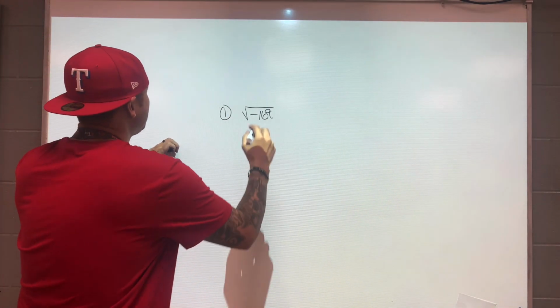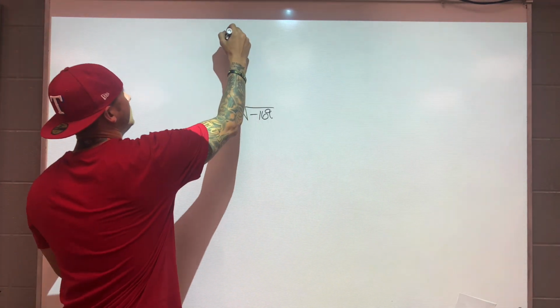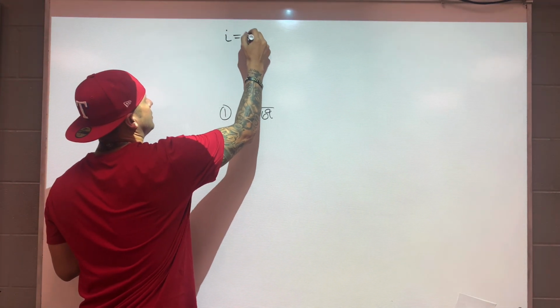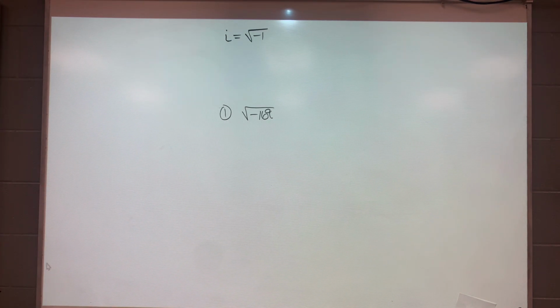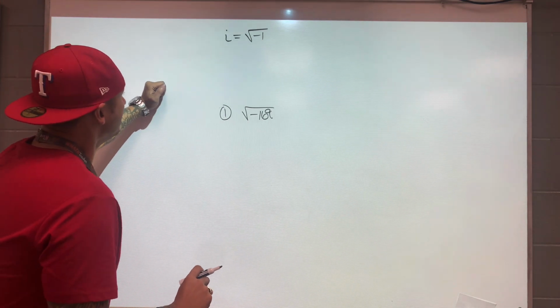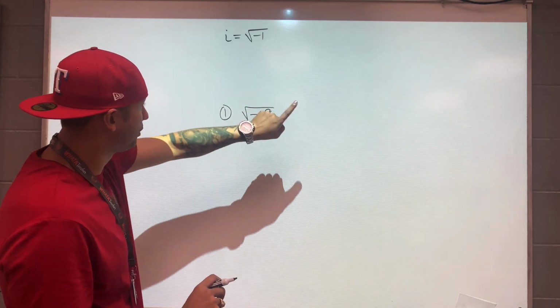All right, I'm going to use the fact that i is equal to the square root of negative 1. Can you see that? Yeah, you can. So anytime I have a negative inside the square root, I'm going to pull that out as i.